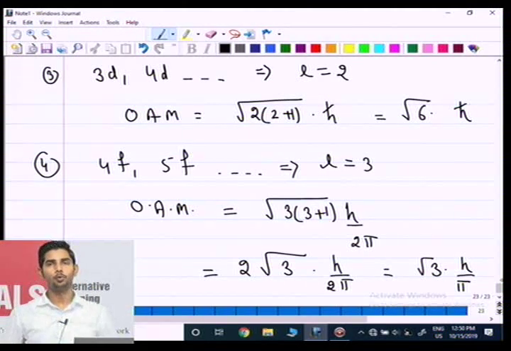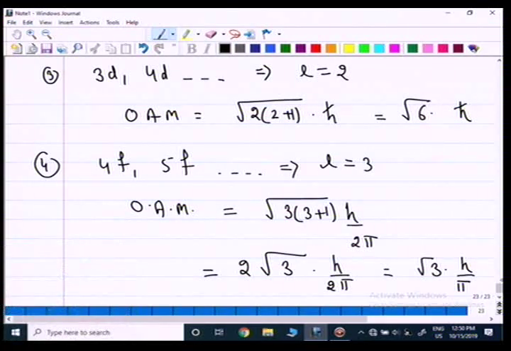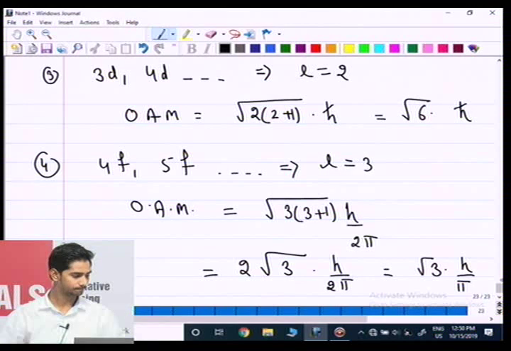Please copy, those who haven't attempted these remaining two atomic orbitals. Guys, please confirm once, is there any confusion or doubt regarding this one? Any query? Anything that you want to ask me?